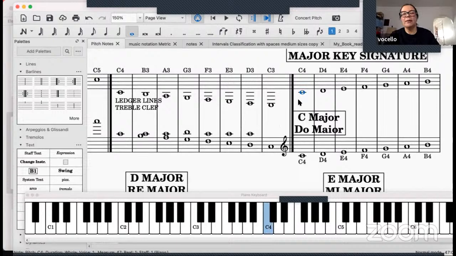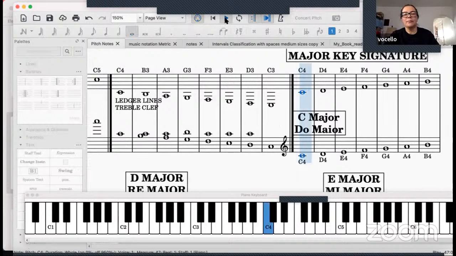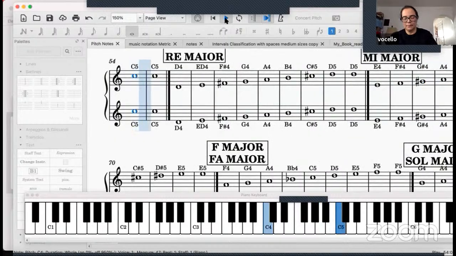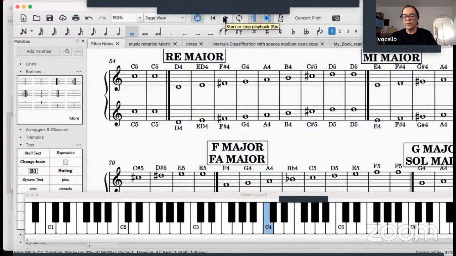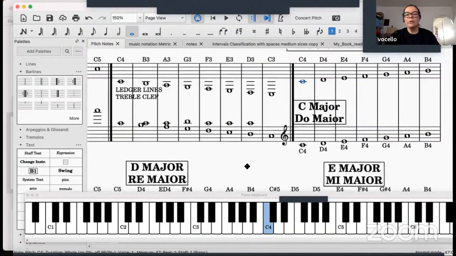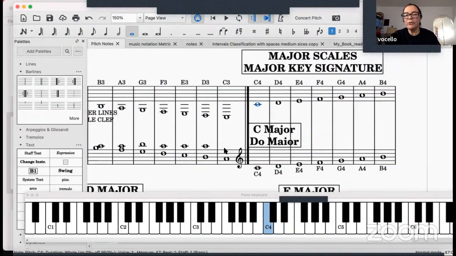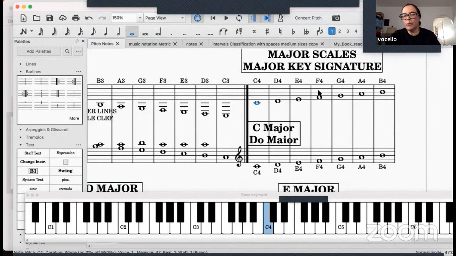So let's listen. Can't you hear? So now D major, the next one must follow this pattern. 2 whole steps, 1 half step, and 3 whole steps and 1 half step.